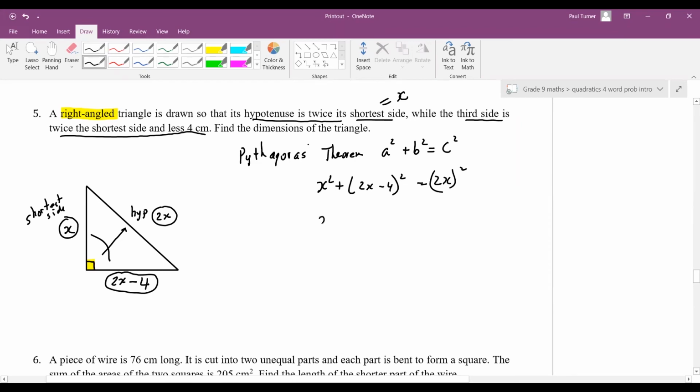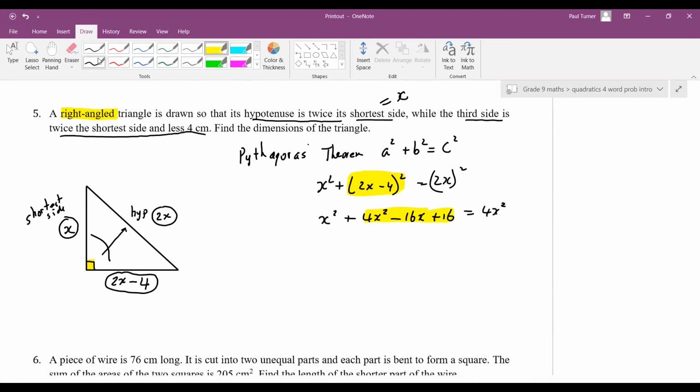Okay, so then we will expand these. We'll get x squared plus 4x squared minus 16x plus 16 equals 4x squared. So just be careful again with expanding your bracket here. This became this.